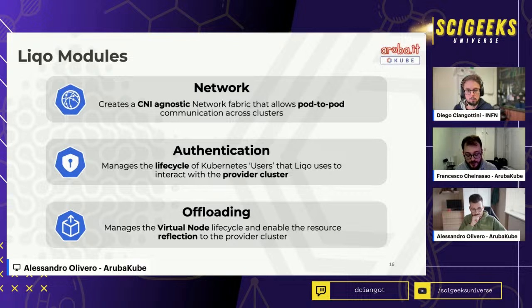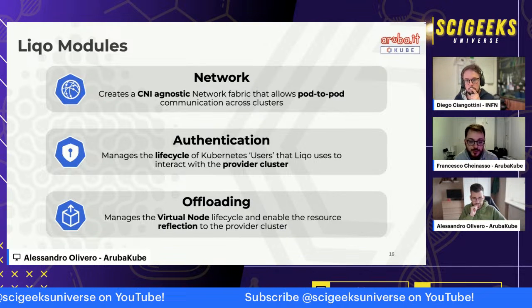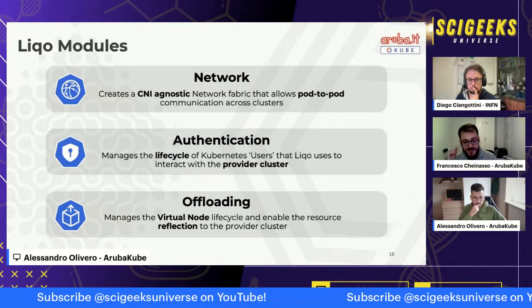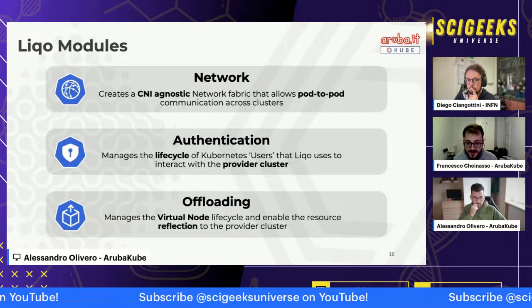So what we mean with API, we didn't say before, Liqo is a set of controllers and Kubernetes operators. So to manage these features, you need CRDs. And when we talk about APIs, we mean CRDs, because basically in Kubernetes they are REST APIs.